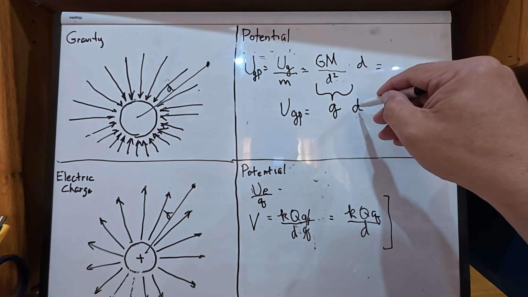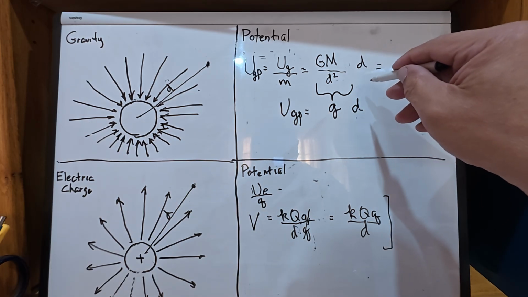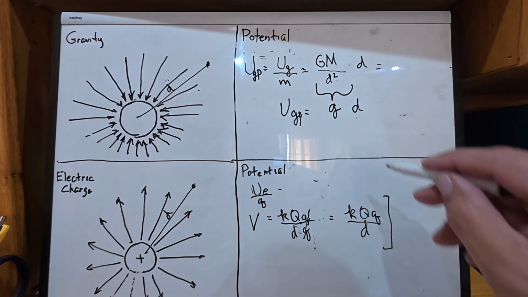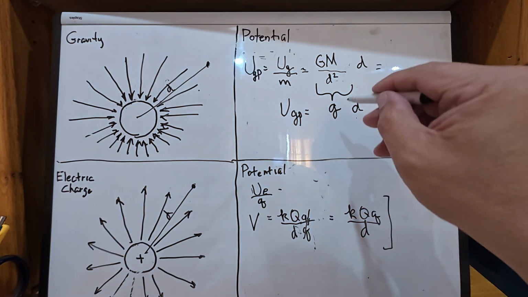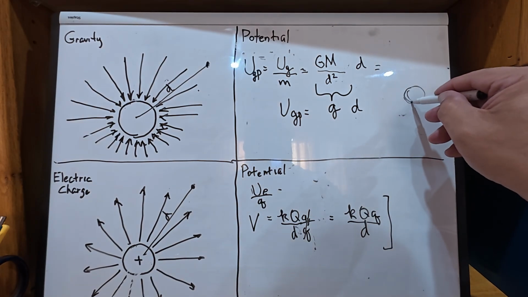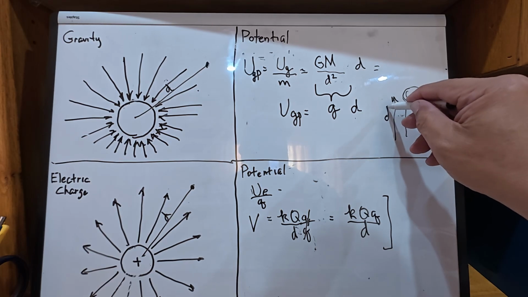And d is the distance from a reference plane to a higher distance if it's positive, and to a lower distance from the reference plane if it's negative. So if it's positive, that's like pumping water into a water tank, pumping it up. That's the distance d.